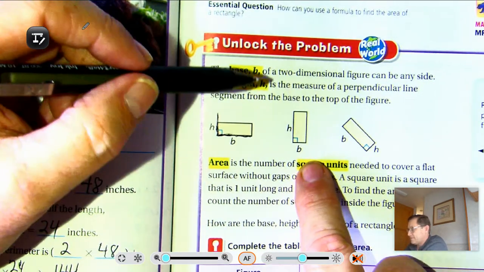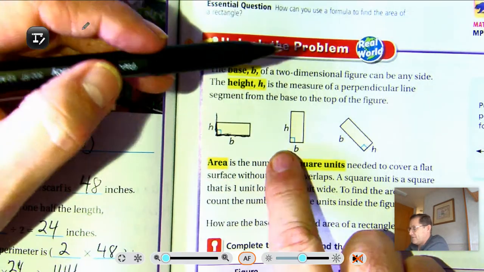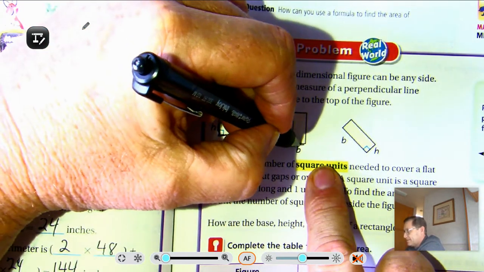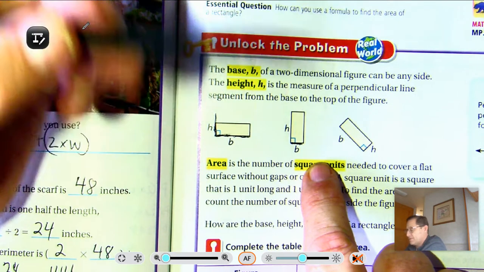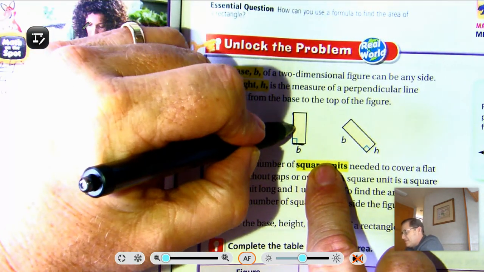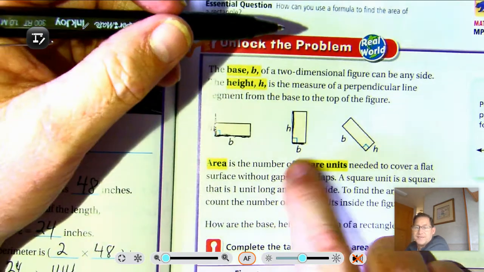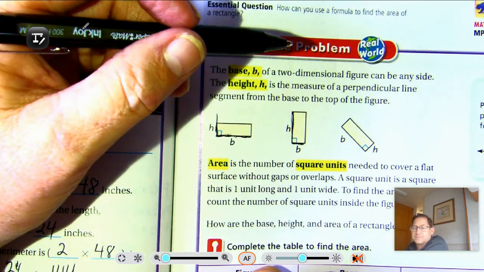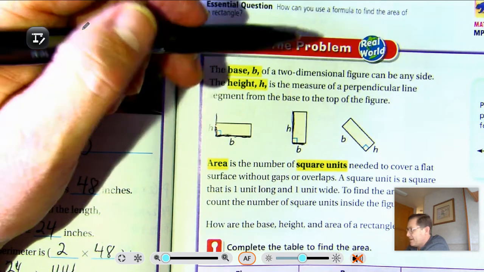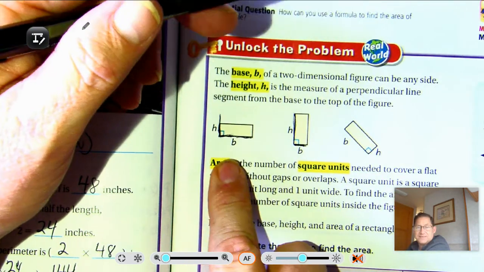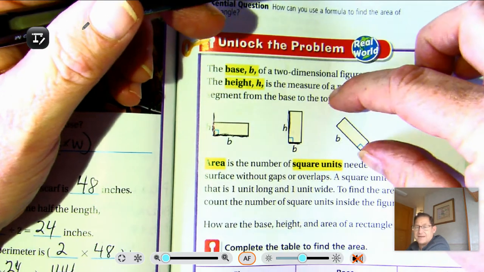Here they're saying they turned it and now they're making the shorter side the base, but the height would still be the part that's perpendicular to the base. And this one is the same as the first one, it's just turned diagonally.